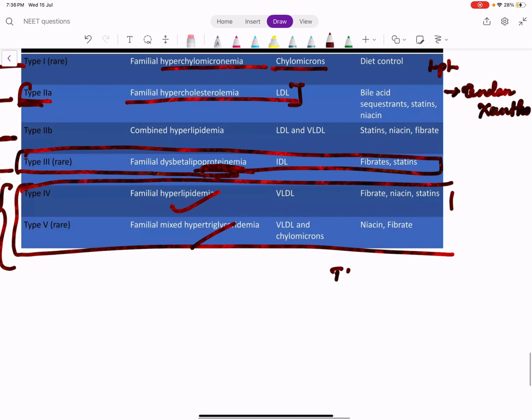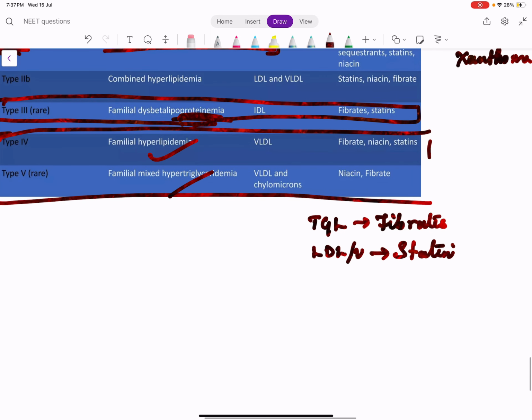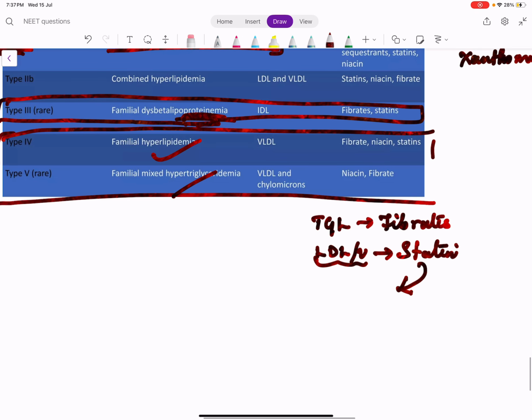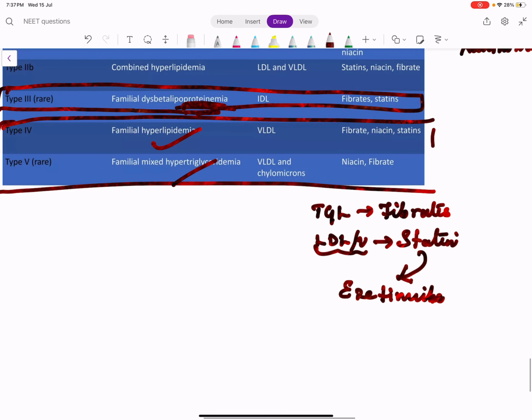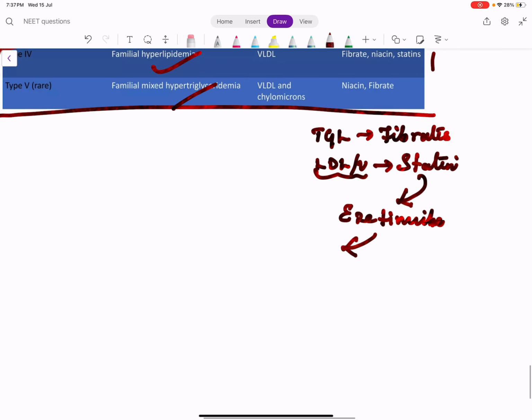Because if TGL is high, we give fibrates, fenofibrate, etc. If LDL or VLDL is high, we give statins, atorvastatin, rosuvastatin, pitavastatin, etc. The next step, when LDL is high, the next step which we give is ezetimibe. If still not controlled, the next step what we give is PCSK9 inhibitor.